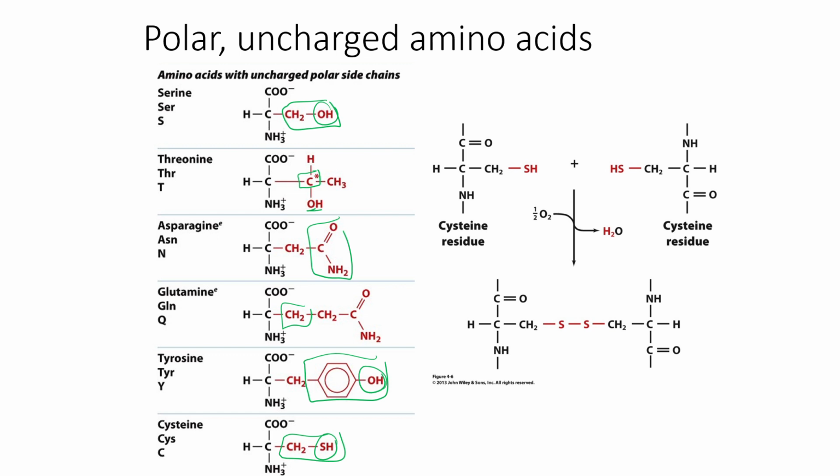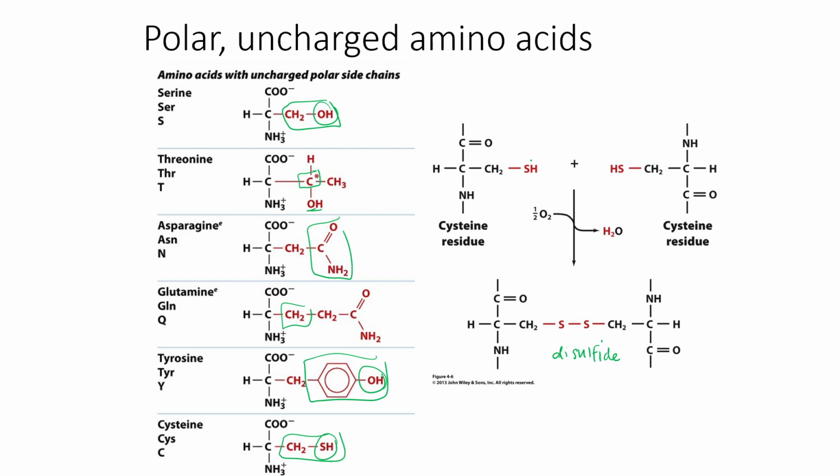And the sulfhydryl group gives cysteine some really special properties that are drawn on the right side of this slide. When two cysteine residues are close to each other in space, if they're on parts of a protein that are near each other, they're able to join together to make a covalent bond. And this covalent bond is called a disulfide bond.